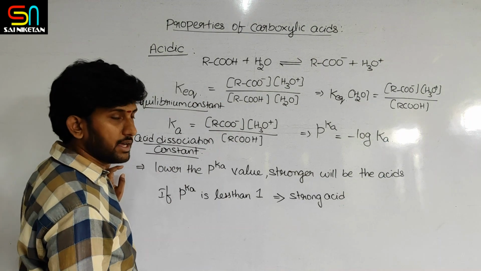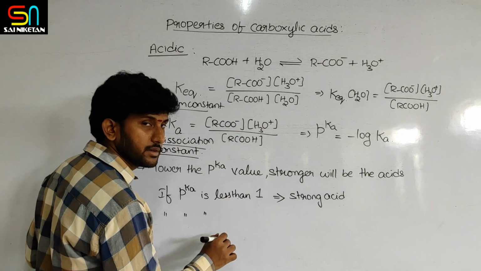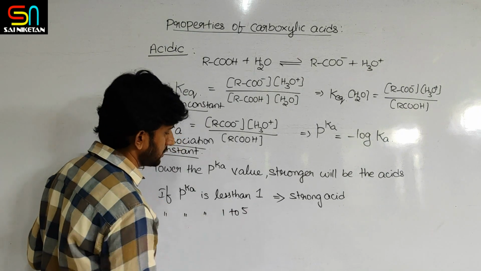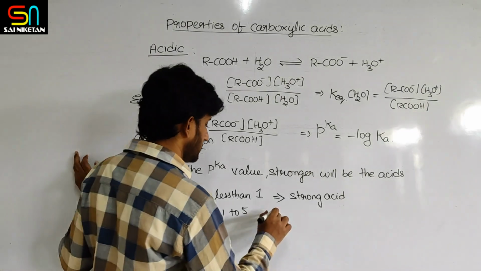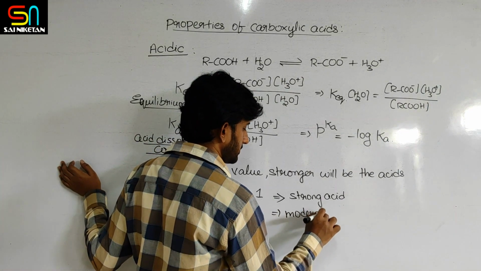If pKa is from 1 to 5, then it is a moderate acid.